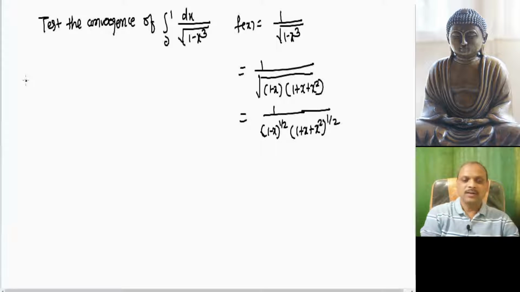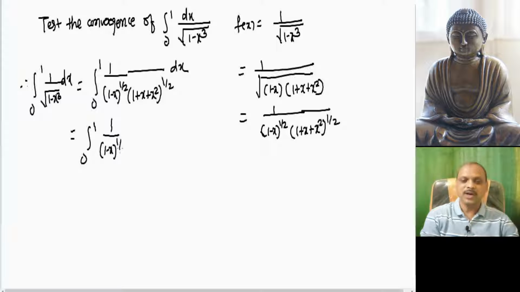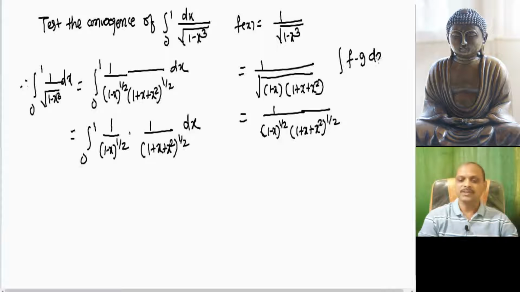Then the integration 0 to 1 of dx divided by under root of 1 minus x cube will be converted into integration 0 to 1 of 1 divided by (1 minus x) raised to 1 by 2 and (1 plus x square) raised to 1 by 2 into dx. If we separate this, it is of the type f into g into dx.